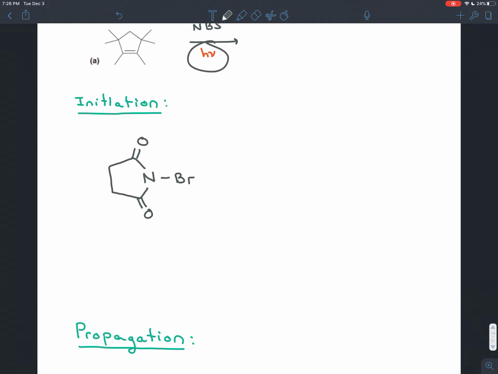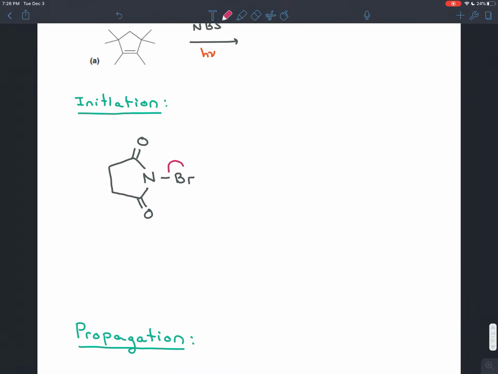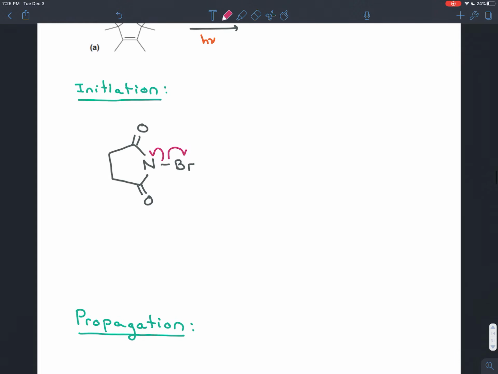So you'll shine light on this and you will get homolytic cleavage. One of the electrons in this bond between the nitrogen and the bromine, one of those electrons will go on the bromine, the other electron will go on the nitrogen. And you end up forming 2 radicals.